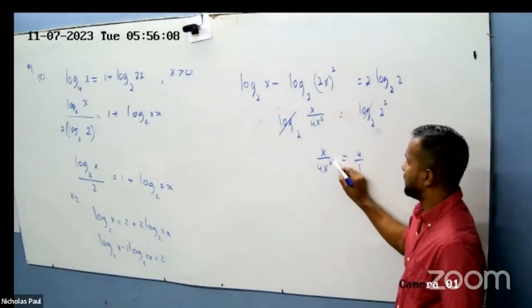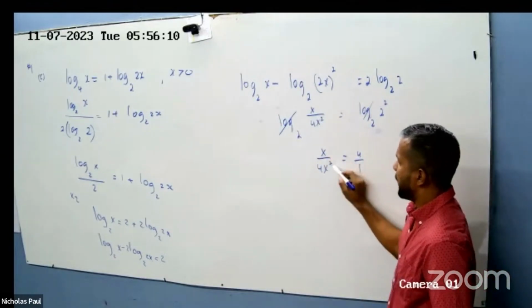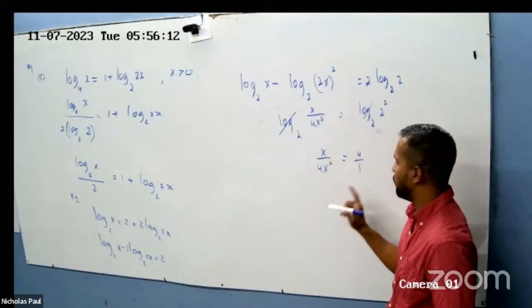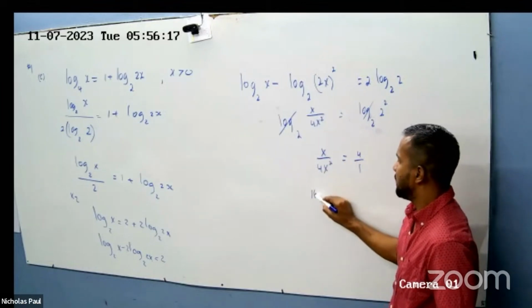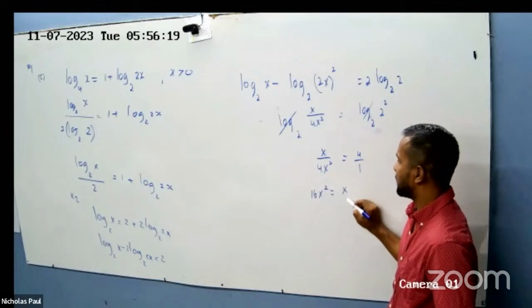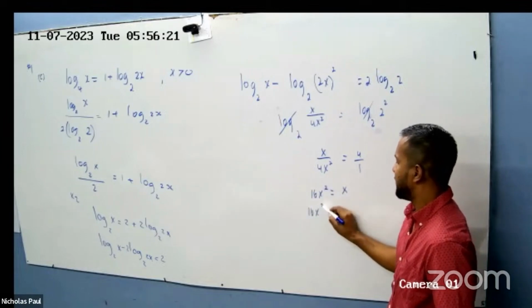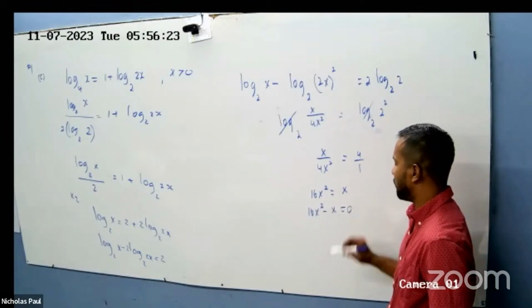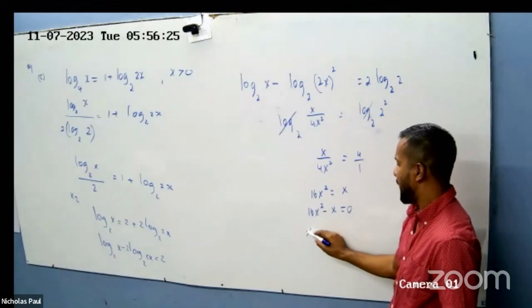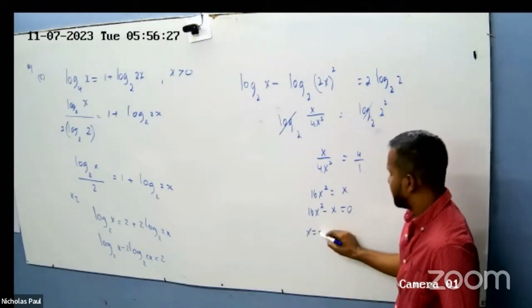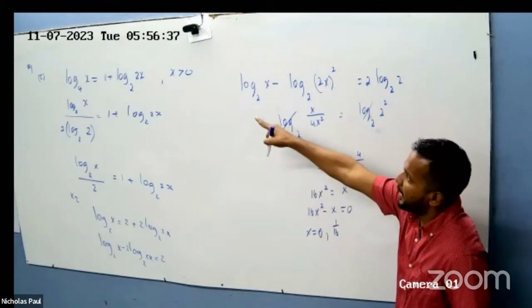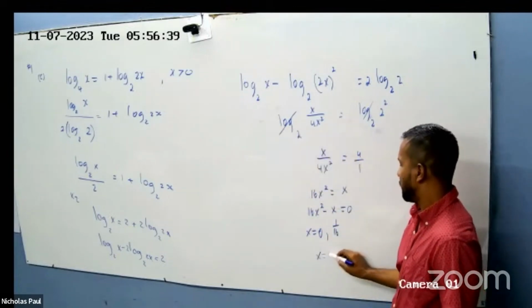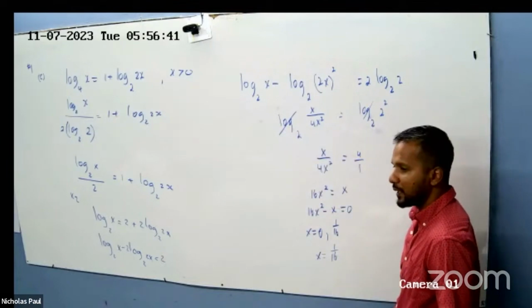If you want, you can just cancel it off here. But I don't want to cancel off in case we lose a solution. So I'm multiplying it out. Cross multiplying. I'll get 16x squared is x. I'll get 16x squared minus x is 0. When you solve this, you'll get x is 0 and x is 1 over 16. Right? But the question said x must be more than 0. So the only solution is x is 1 over 16.